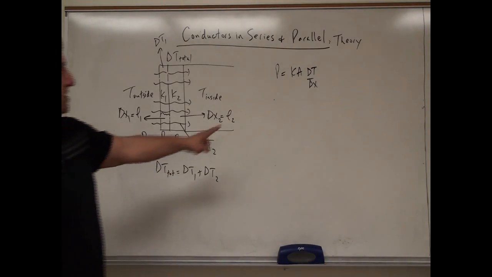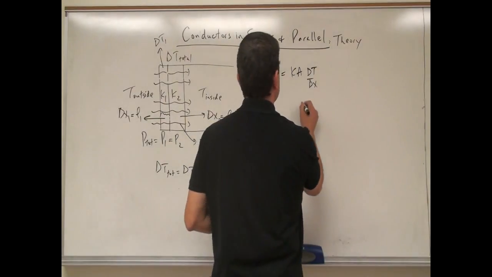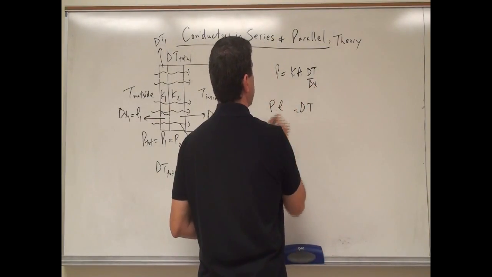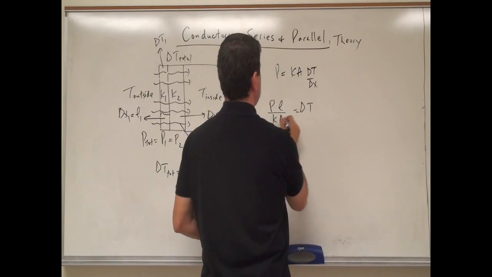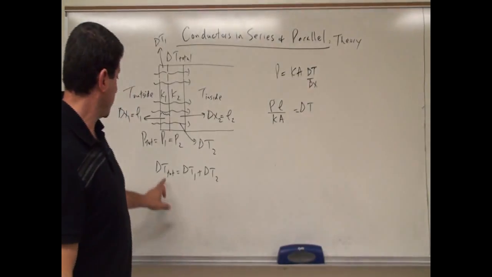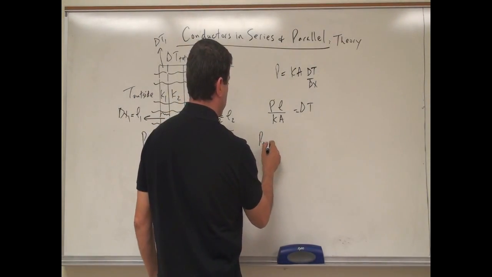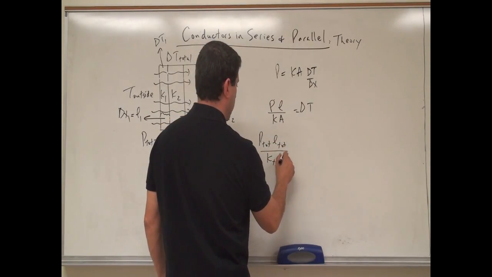Now let's isolate the change in temperature. We can say delta T is equal to P times delta X, which is just L, over K A. So delta T total is P total L total over K total A total.